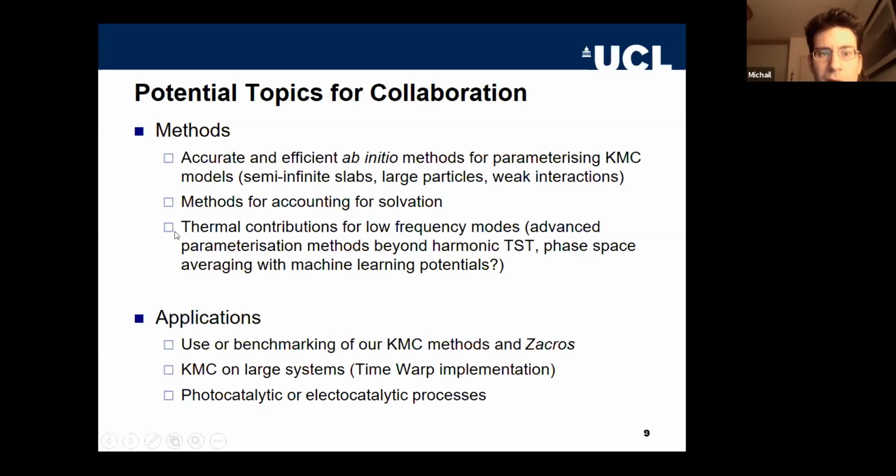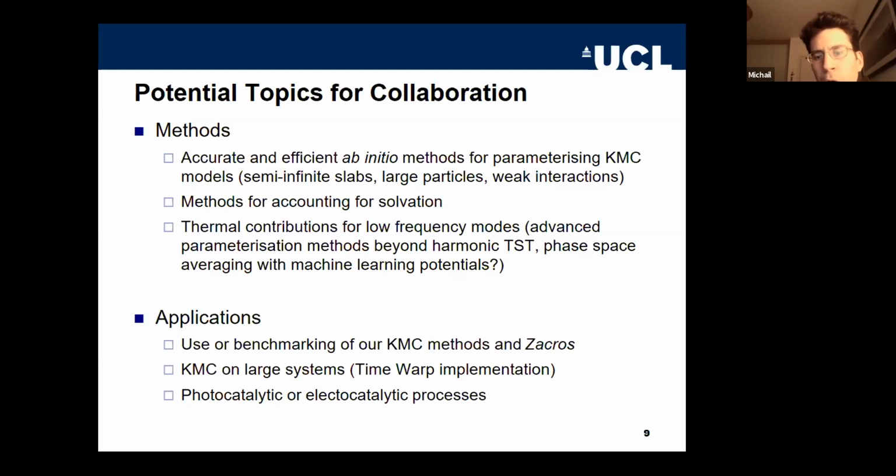Also, another thing is the thermal contributions of low frequency modes. This is a bit of a problem for harmonic transition state theory, because sometimes we have adsorbed species that have very low frequency modes. Numerically, if we try to calculate the vibrational frequency for these, we might get something which is imaginary.